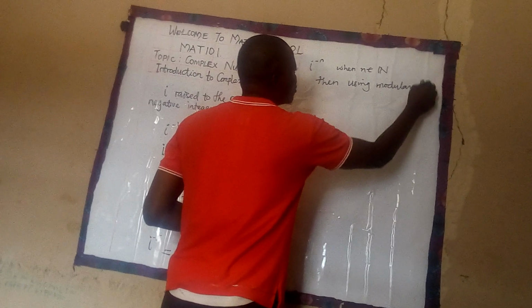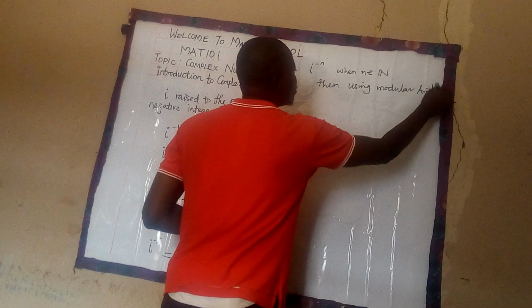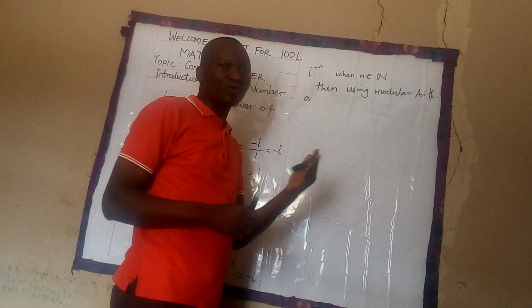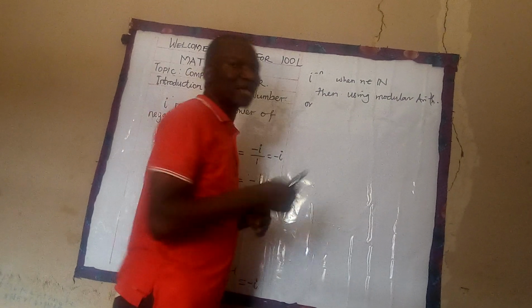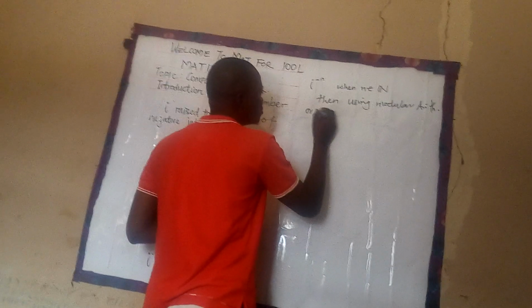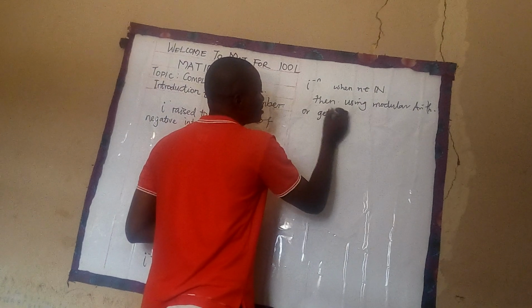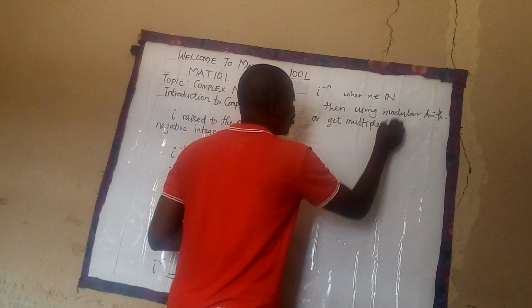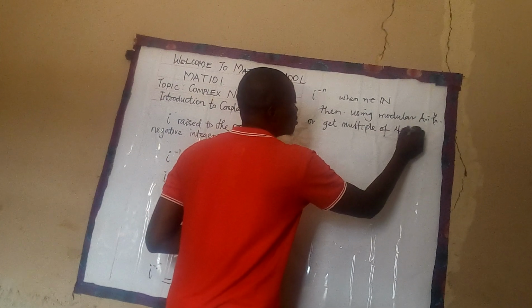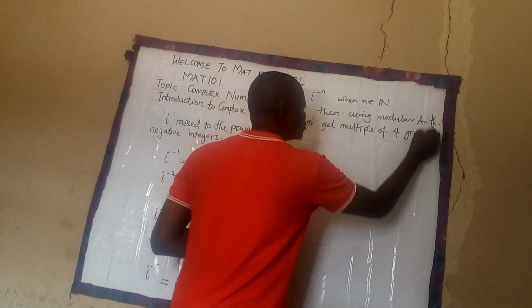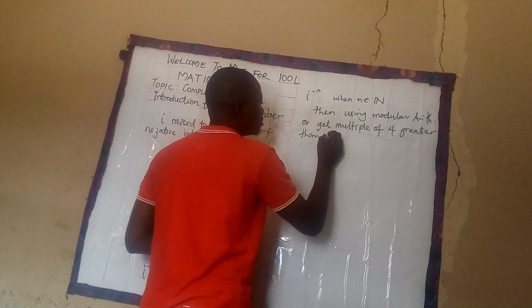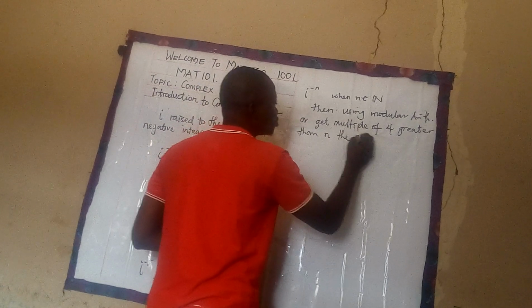Or get the multiple of 4 that is greater than n, then subtract n from it.